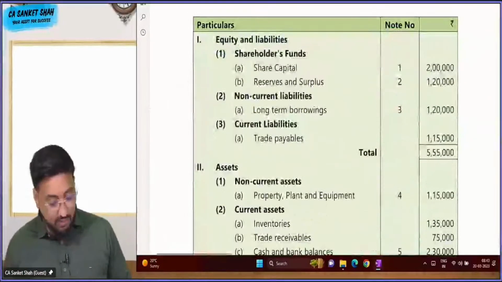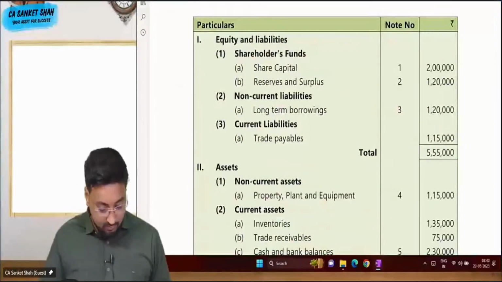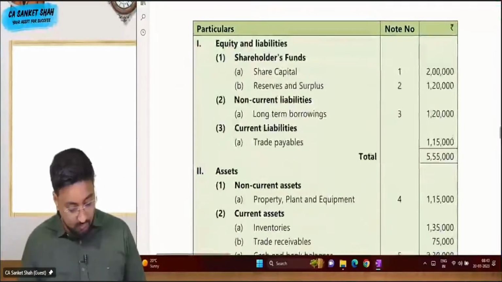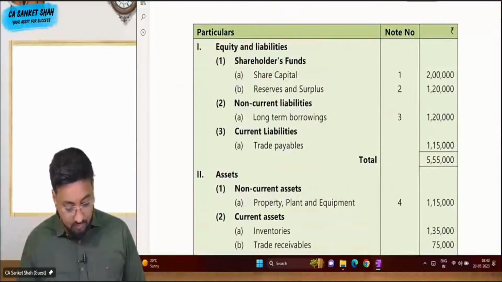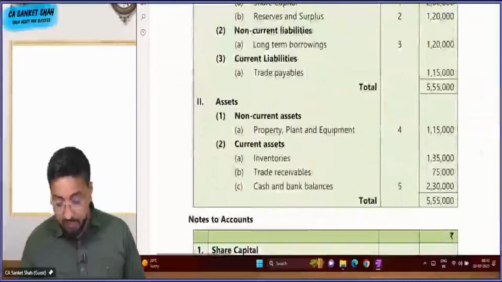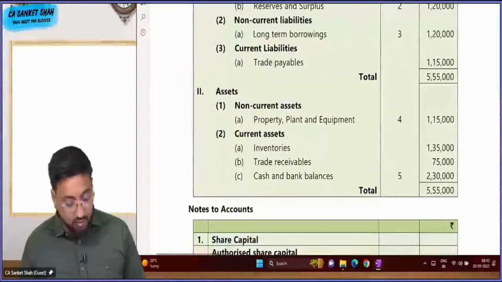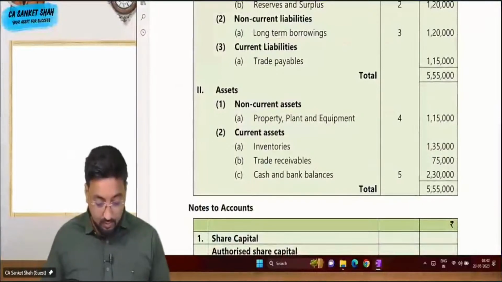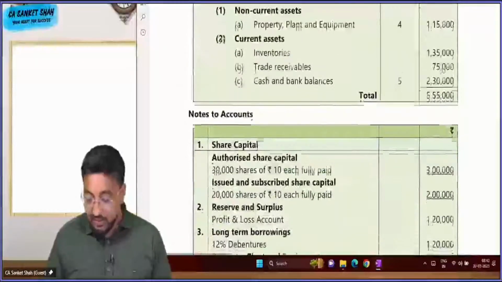Particulars: equity and liabilities, shareholders fund, share capital, reserves and surplus, non-current liability, long-term borrowing, current liabilities, assets, non-current assets, current assets.